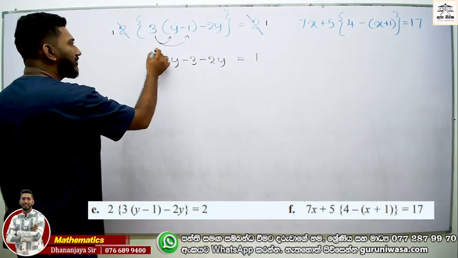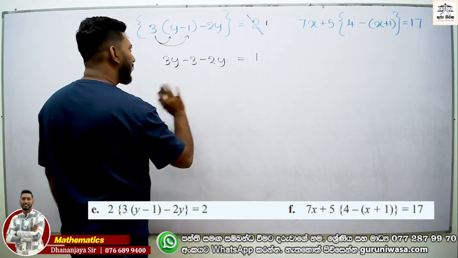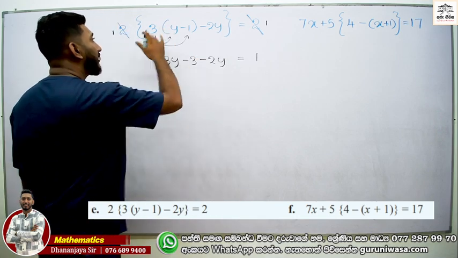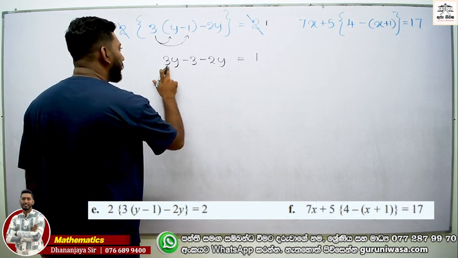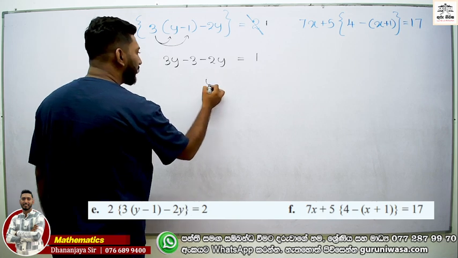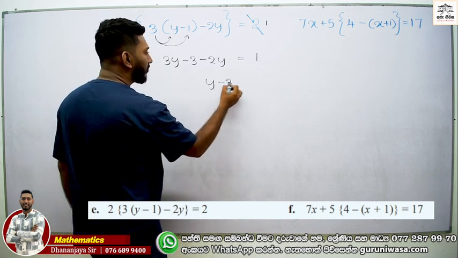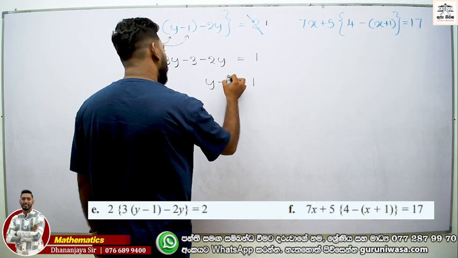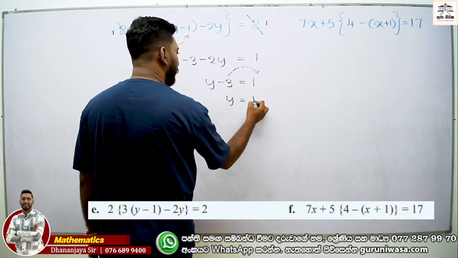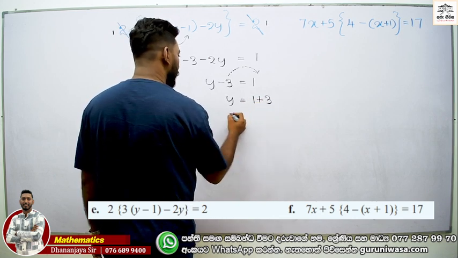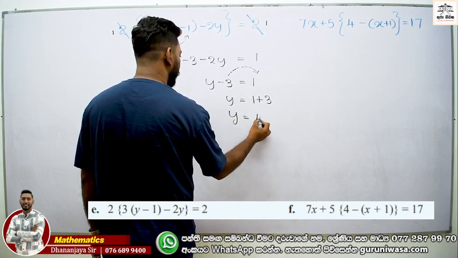Now the parenthesis are eliminated as well as the curly brackets. Now you can simplify: 3y and minus 2y is just y, minus 3 equals 1, and minus 3 goes to the other side. Now y equals 1 plus 3, y equals 4.